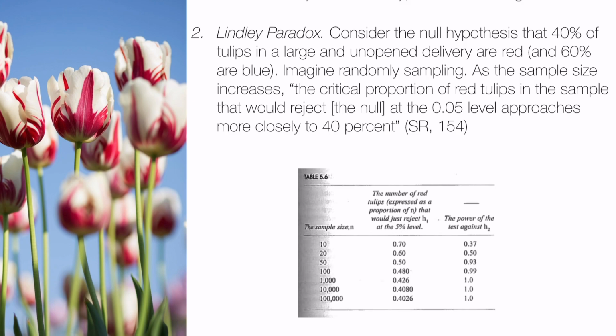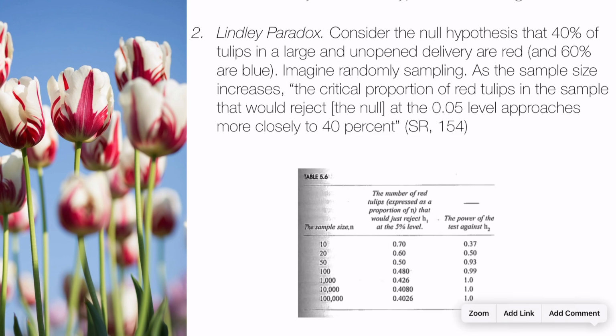We haven't said anything about this power column yet. Remember, the power of the test is 1 minus the type 2 error, so it's the probability of rejecting the null when the null hypothesis is false. So it's not an error, it's a desired result.